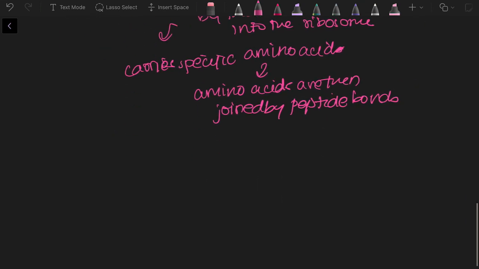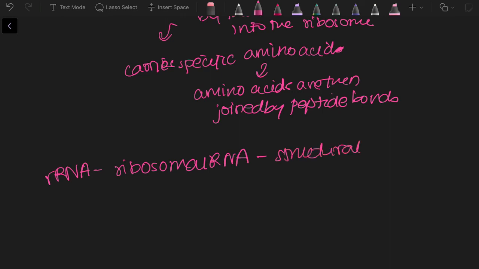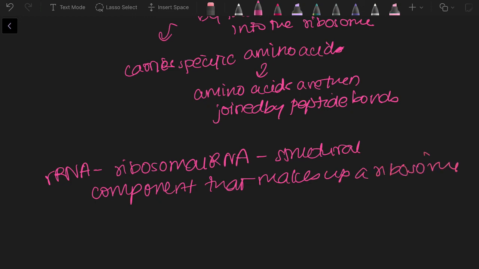Okay, so the last one was rRNA, which is ribosomal RNA. The name itself suggests that it is the structural component that makes up a ribosome. So ribosomes are basically made of rRNA and protein.